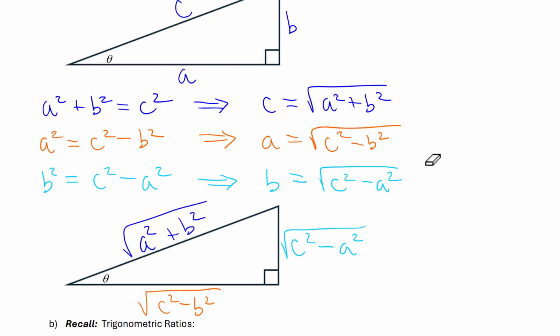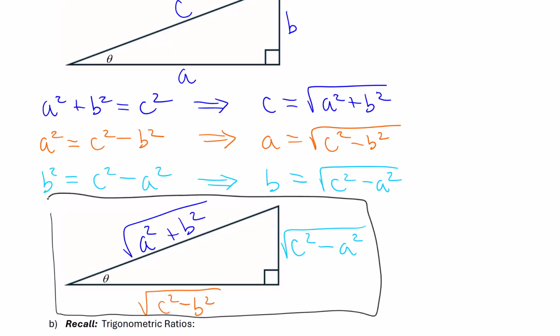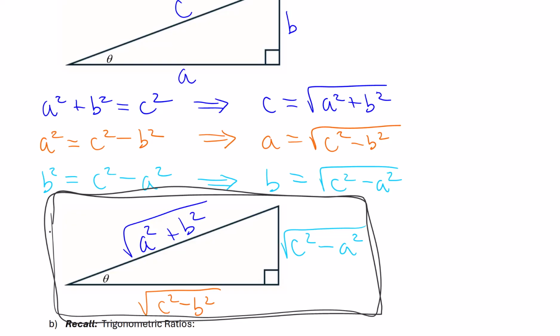Okay, so why do we care? Well, this is, I think, a helpful way to understand what we're going to try to do ultimately in this topic. So what we've just written, I'm going to box in. It's a triangle that's just labeled with all of these sides. But I want to make a big deal about this triangle because I think this is a very helpful way to understand everything we're about to do.